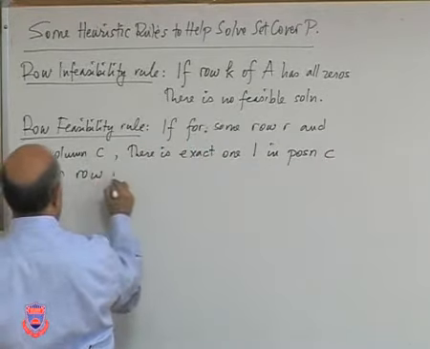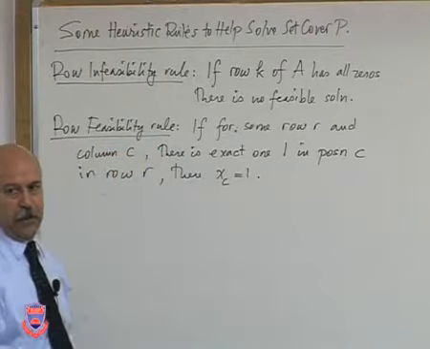You have to choose that particular x value. In other words, make xc equal 1. Otherwise, you don't have a feasible solution. It has to be. It's implied. Okay?